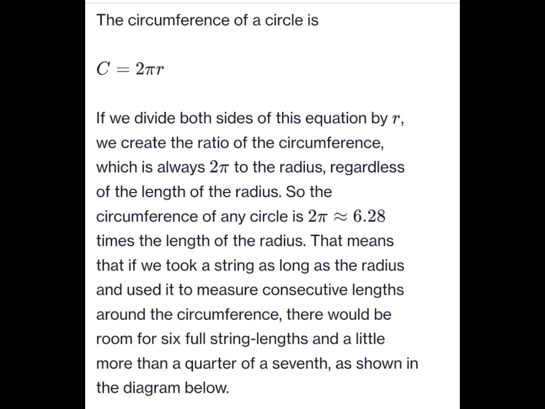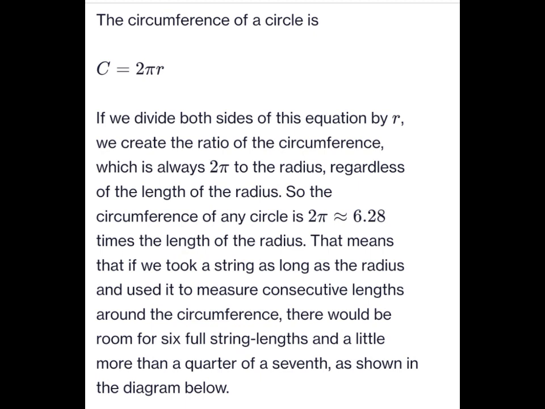The circumference of a circle is C equals 2 pi r. If we divide both sides of this equation by r, we create the ratio of the circumference to the radius, which is always 2 pi, regardless of the length of the radius.